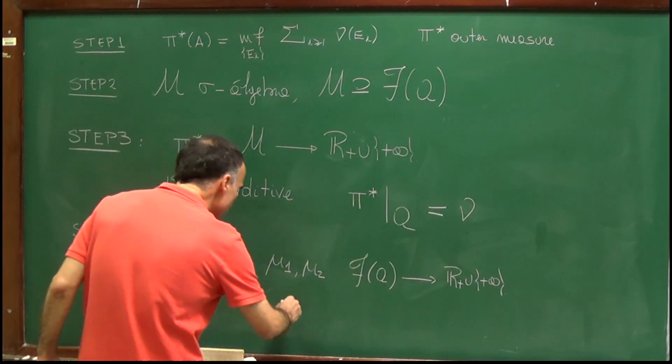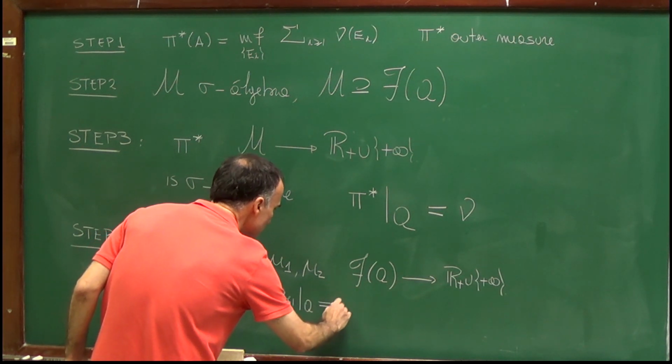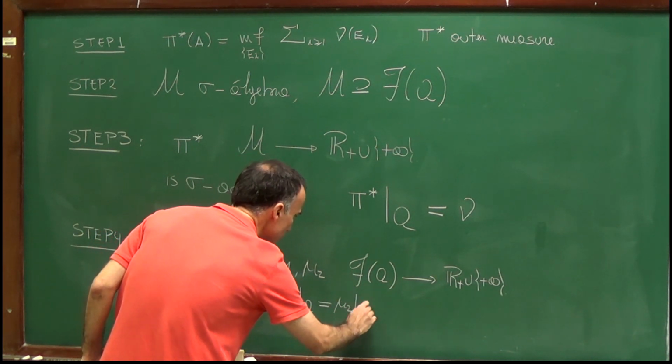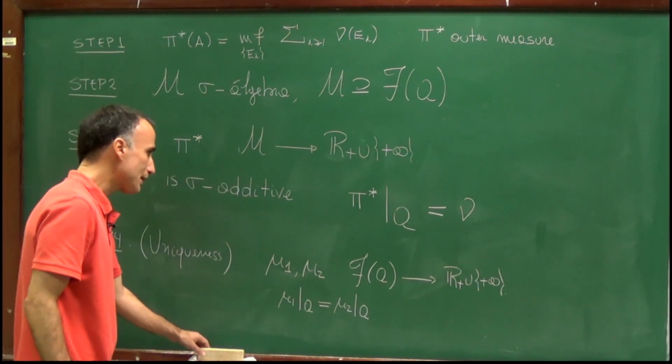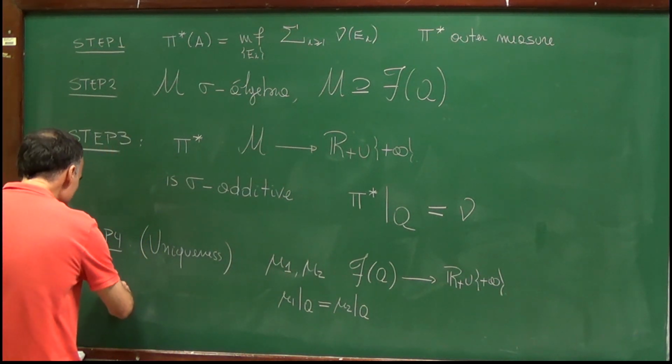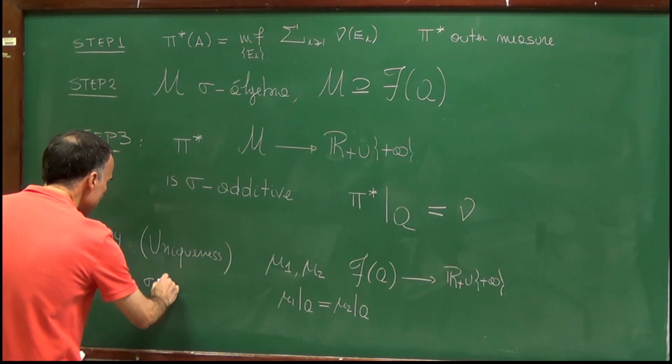And let's assume that mu1 restricted to the algebra is equal to mu2 restricted to the algebra. And let's assume that the set omega is sigma finite.